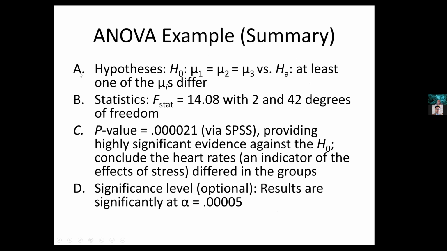Summary of the ANOVA. This slide will tell you what it's best used for. The significance level is a very, very low number. Remember, the p-value is 0.05 in the t-test.